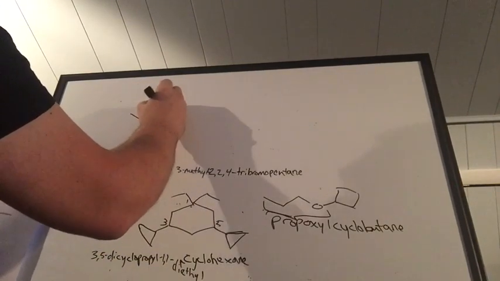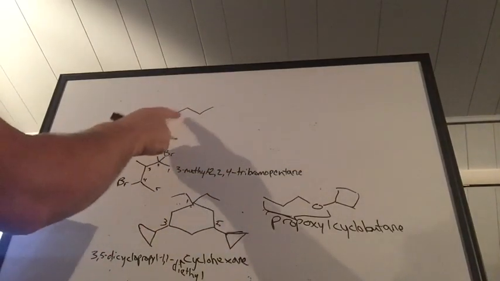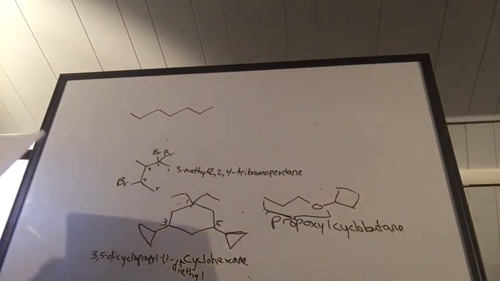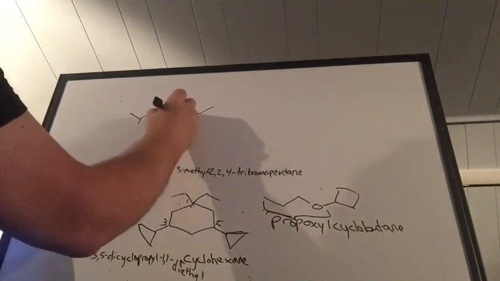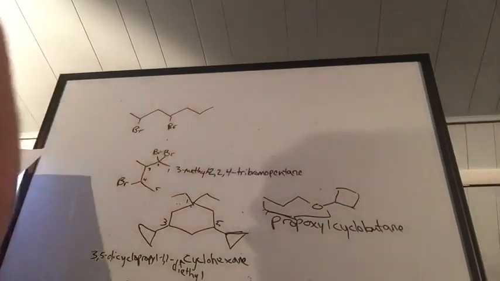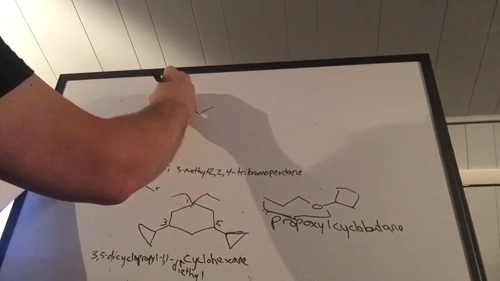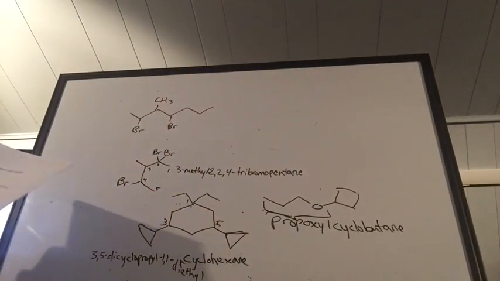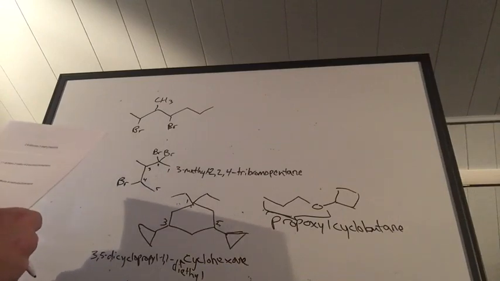So 1, 2, 3, 4, 5, 6, 7. Okay, so 2,4-dibromo. So that means you would have 2,4-dibromo, indicating 2. 3-methyl, which would go right here, and that would check that first one off for you.